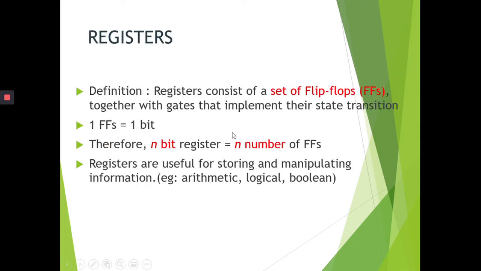Like I stated before, the number of bits is directly proportional to the number of flip-flops. Let's say you have an 8-bit register, that means you have to use 8 flip-flops. So this is the function of a register. You can normally use it for storing data, and you can also use the register to manipulate information.